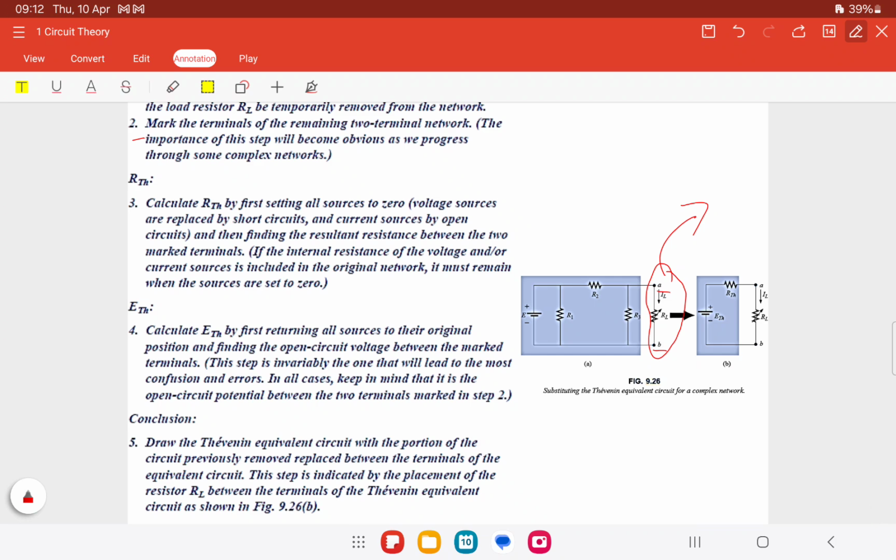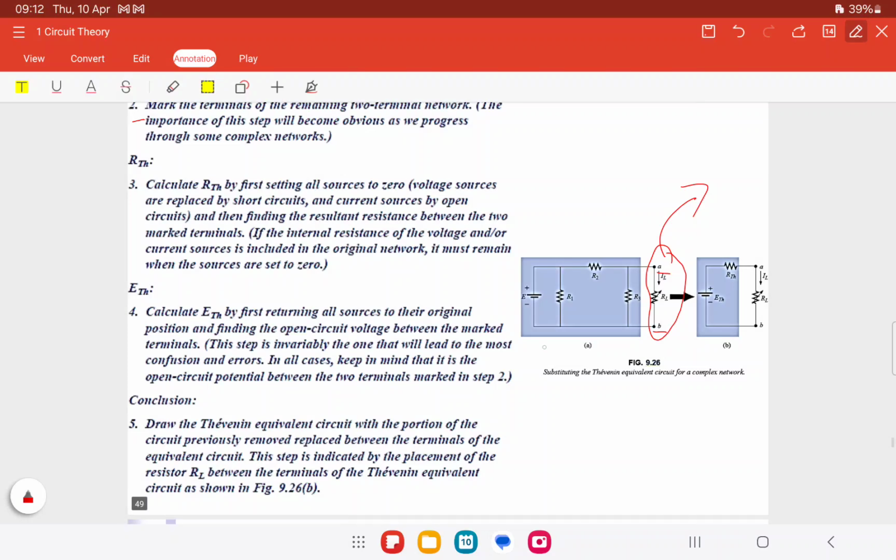What we remove is normally the variable resistor, or if we have an inductor or load resistor, it does not matter. That one we take out first, so it becomes open. It is open there, connected with the other things.